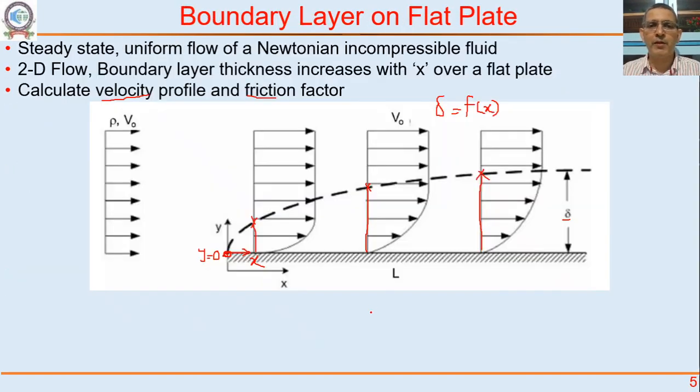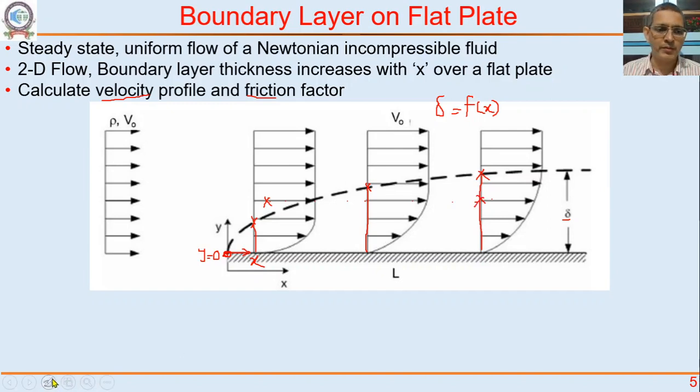Think about this velocity profile. What does dvx by dx mean? The velocity, let's say at this location, at the same value of y, we are trying to look at how the velocity is different.